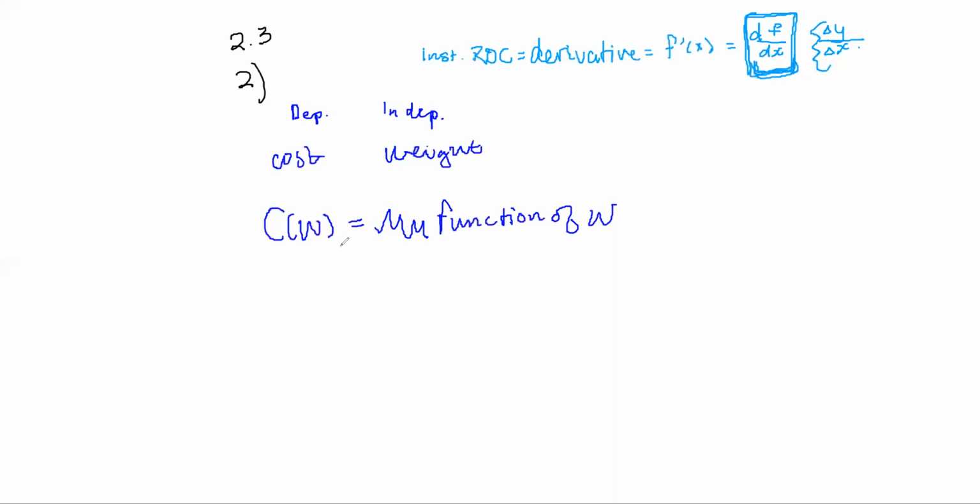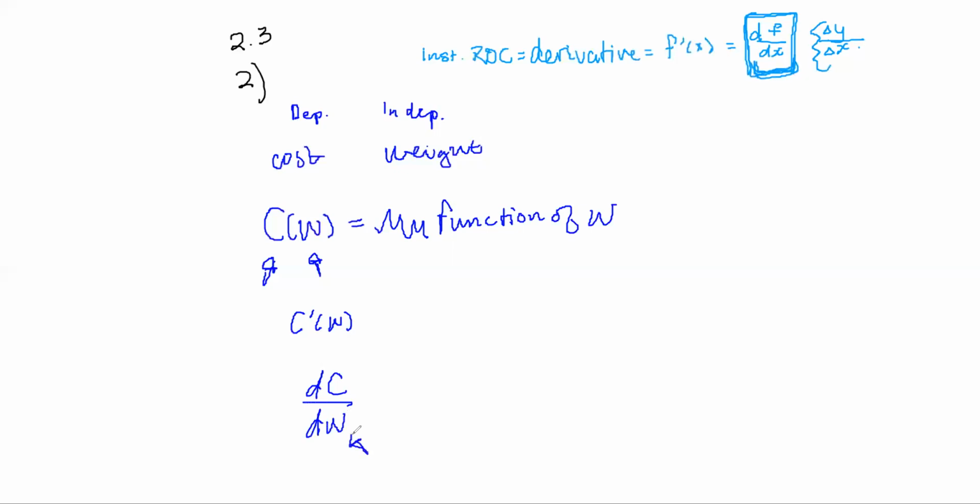So now I know that if I change the weight, then I will change the cost. The derivative of this could be written C prime of W, but because we are writing it in Leibniz notation, it will be dC dW.